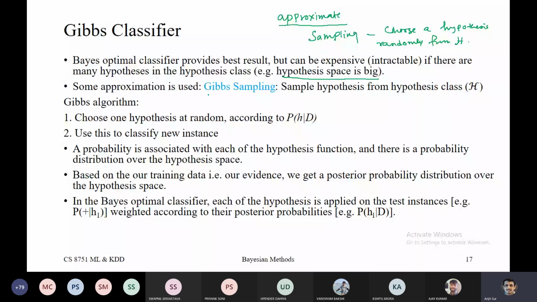So the approximation is to sample a hypothesis from the hypothesis class H. What is the constraint and how do we do that? Choose one hypothesis at random according to their a posteriori.